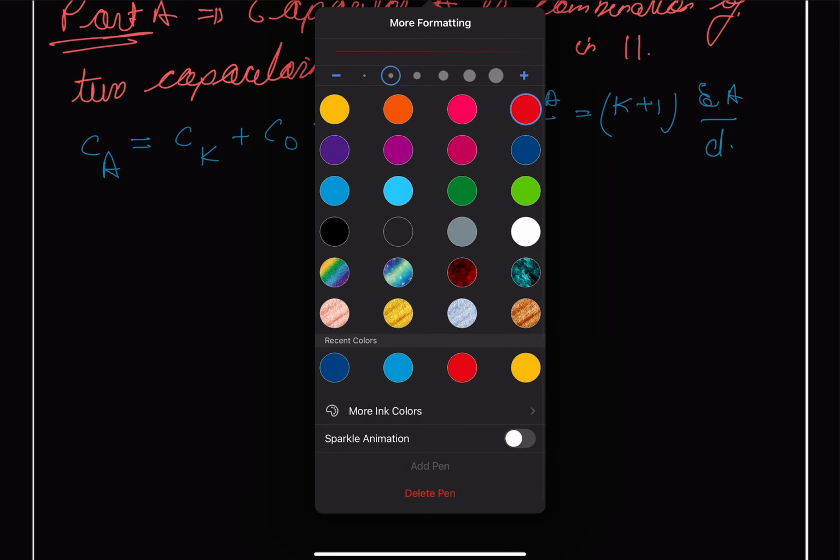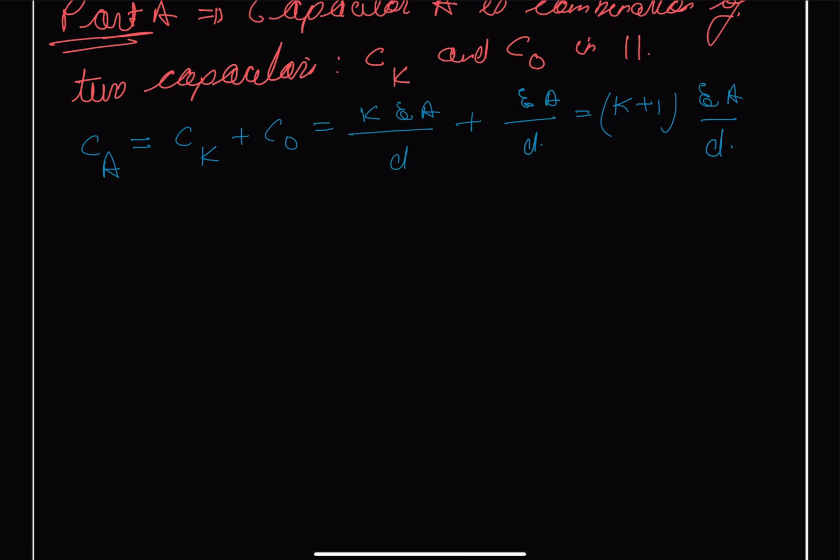and we get that our CA will be equal to, this value of K is also given to us, that is 9 plus 1. Our epsilon naught is 8.85 into 10 raised to power minus 12.